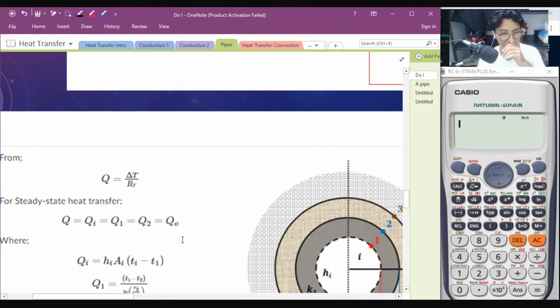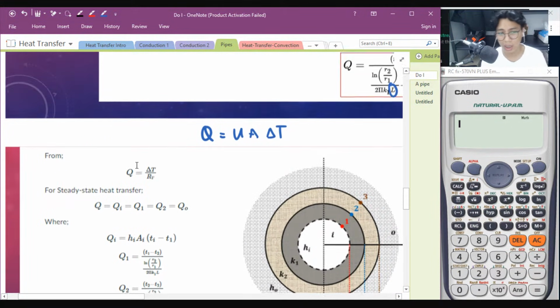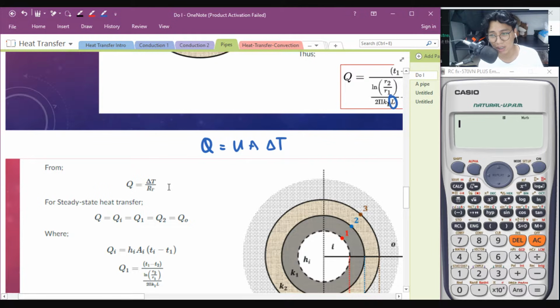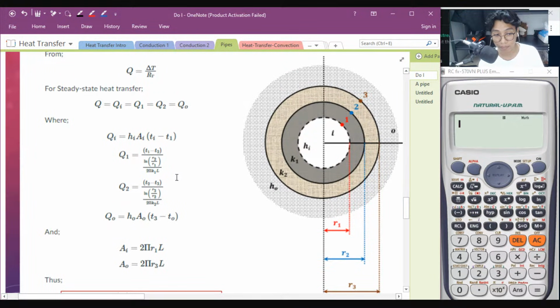Our general formula for that, when we have surface conductances, is Q equals U A delta T. That is our formula. Coming again from the general formula, delta T over the total resistance. And again, for steady-state heat transfer, the total heat is equal to the individual heats between sections, or it is constant.